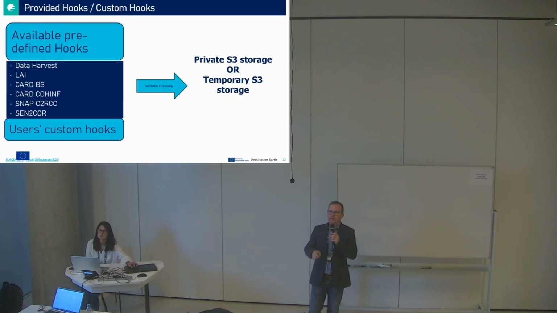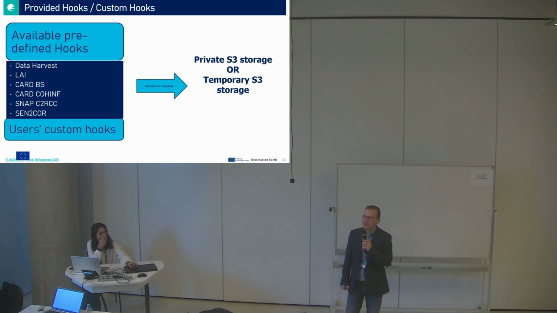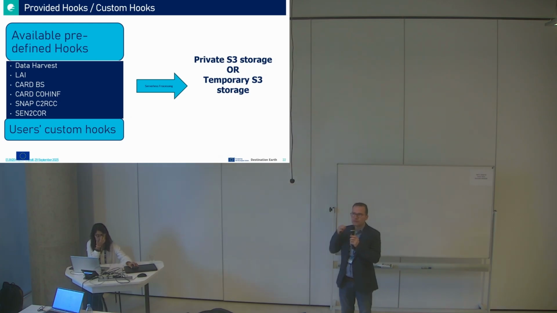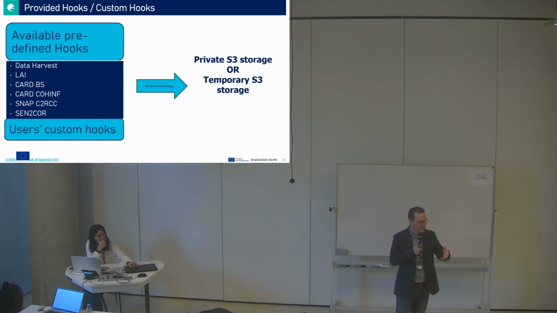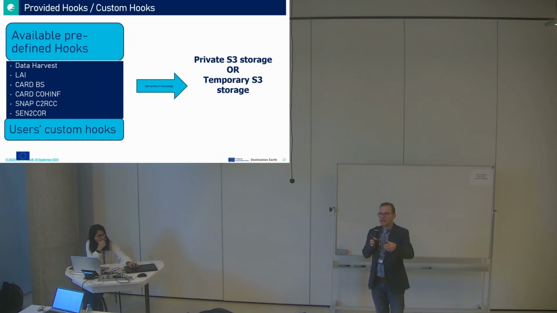And we have two different categories of hooks. So the one we see here is predefined hooks. The most useful one, well, we think in general, is the data harvest hook. So you would provide your credentials and the parameters, and then you could say, I want this given collection with this given item, so product, and download that for me into the right place.